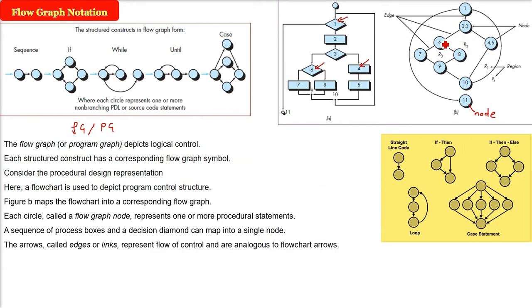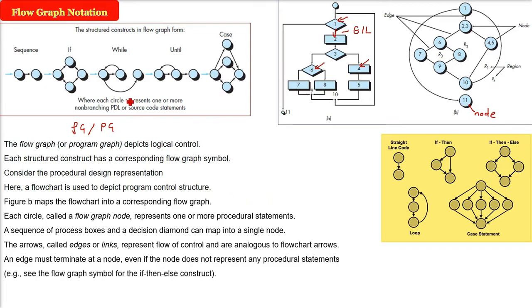There are arrows. These arrows are called edges or links, and they represent the flow of control, similar to what you see in the flow chart. Every edge, this is very important, must terminate at a node, even if the node does not represent any procedural statement. A statement is a simple instruction in the programming language which you are going to convert.